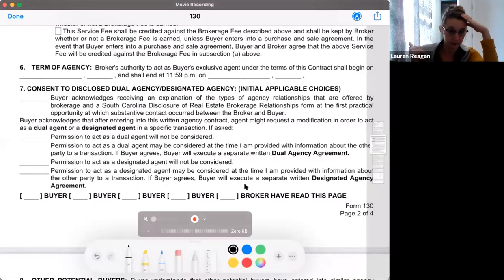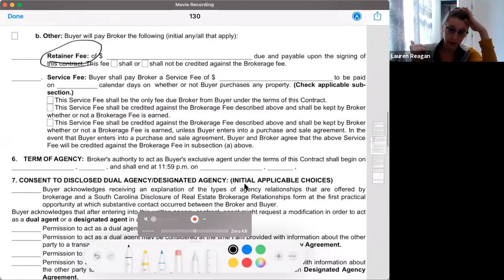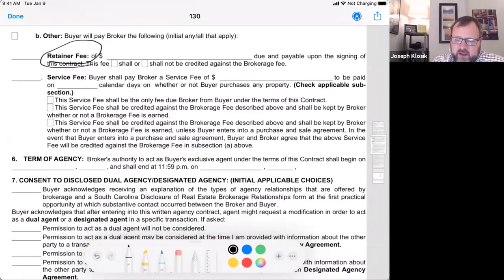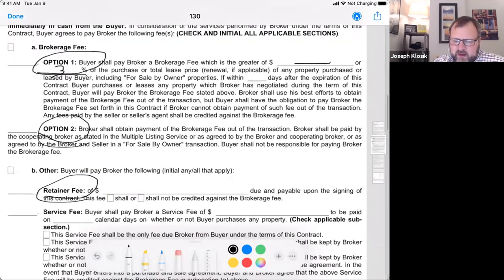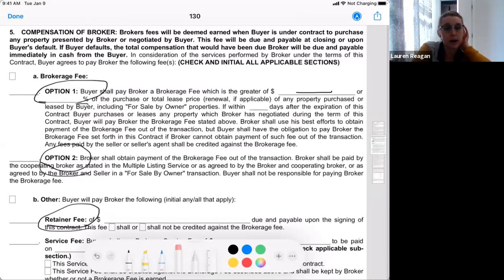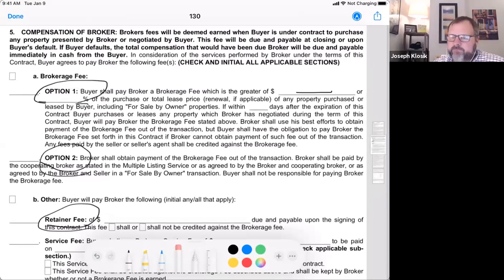And I'm thinking of Lennar homes that are only offering 1%, or a for sale by owner. To answer your question, this option 1 at the top is where you would put that in. If you wanted a minimum fee, you would just put that in there. It's the greater of. So you could put something as a minimum.